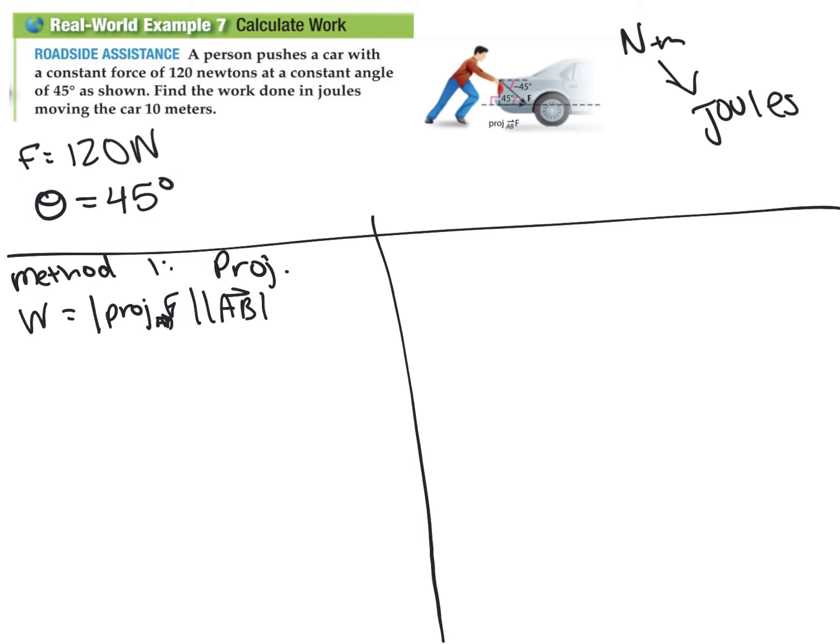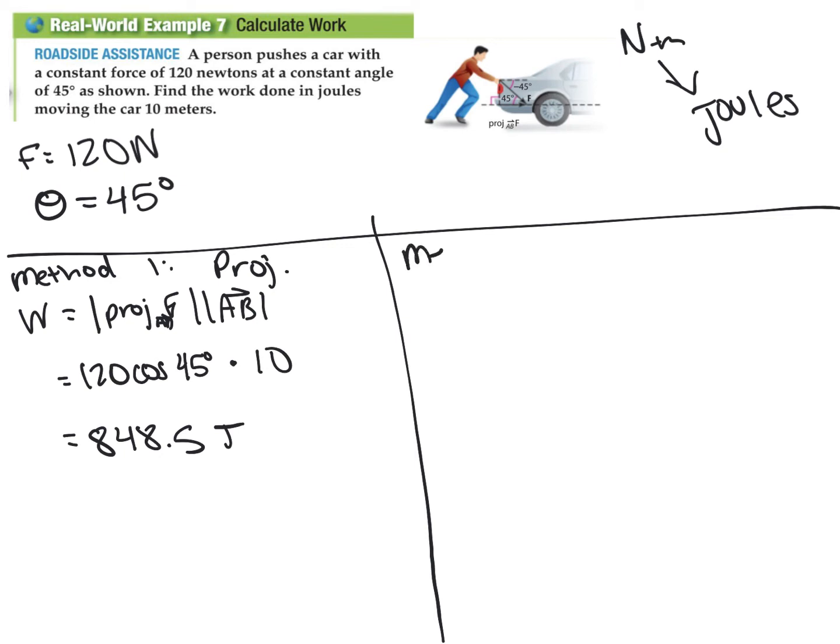Plugging it in, we get 120 cosine 45 times the magnitude of AB, which is 10. That's what it says, 10 meters, that's how long the vector is. So when you plug that in, you get about 848.5 joules. Now, that's method one, and that's it.